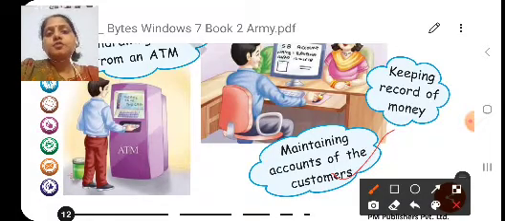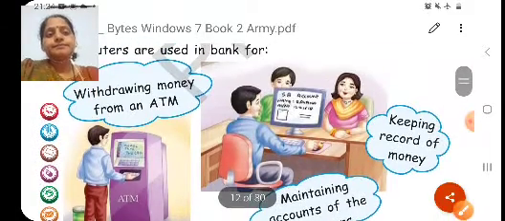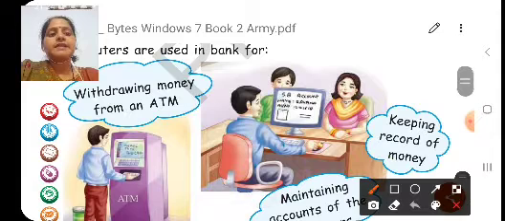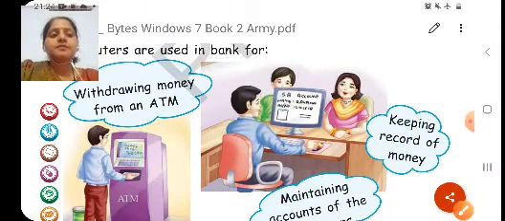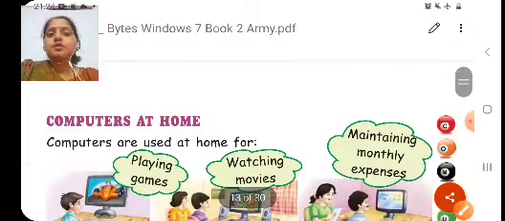So it is used for withdrawing money, keeping record of money, and maintaining accounts of the customers. So these are the work which we do in computer.